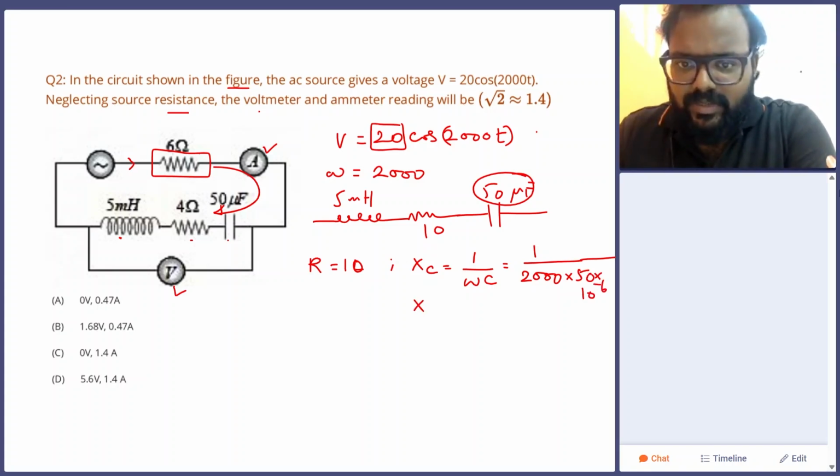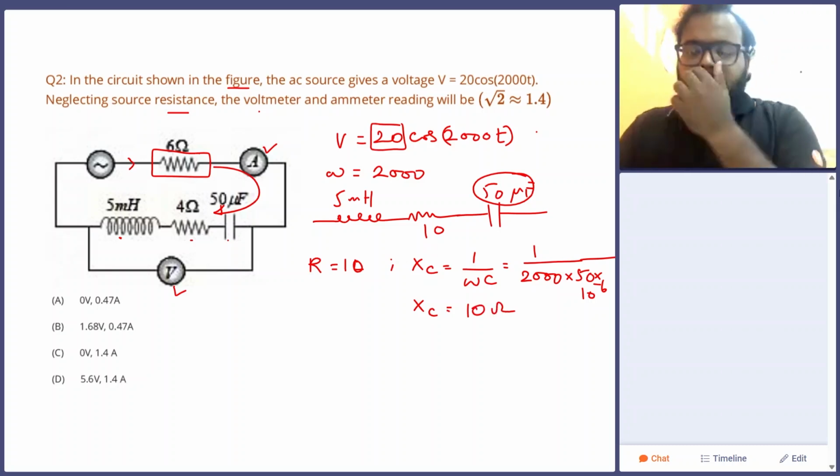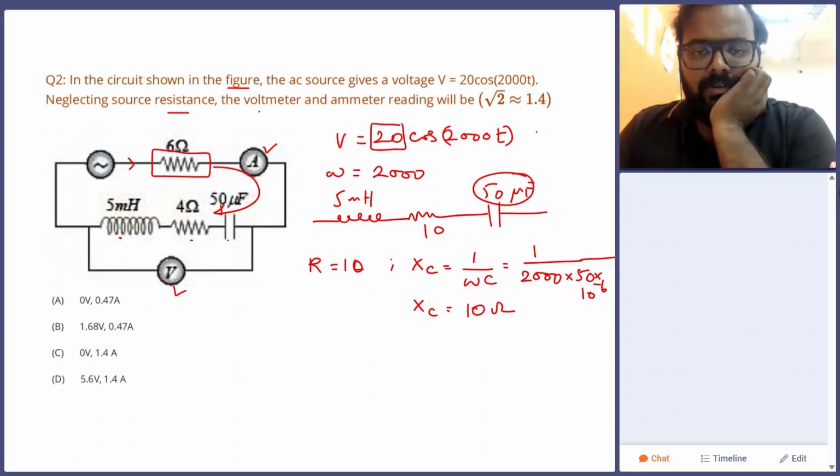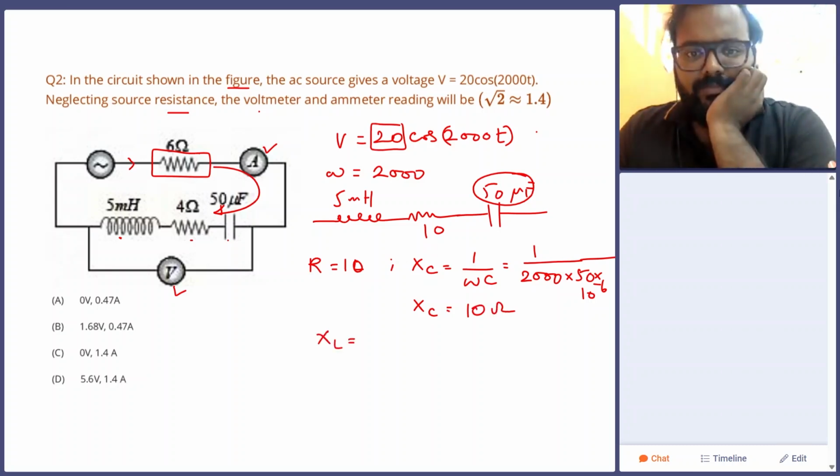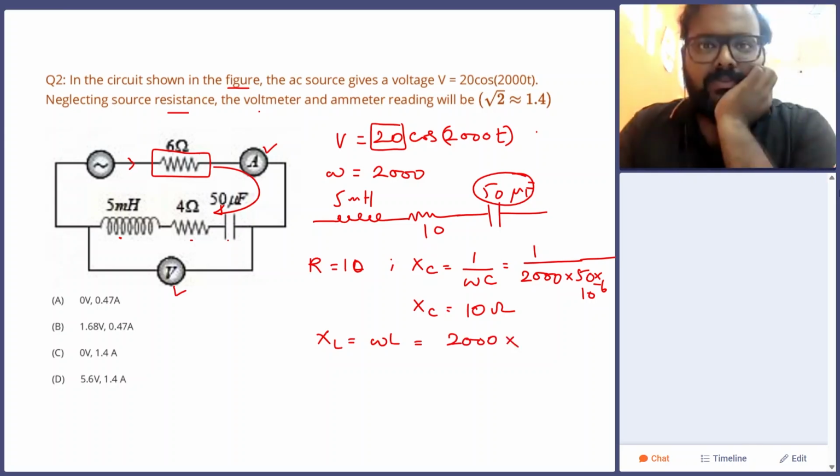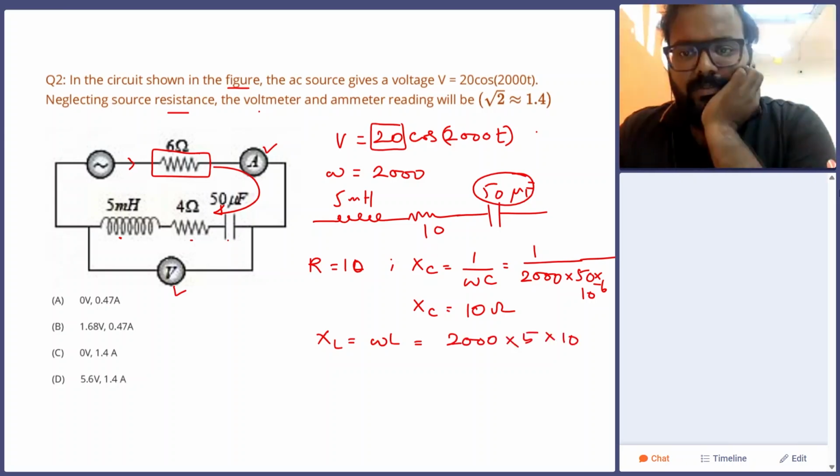XC will also be 10 ohms. Now what about XL? XL is omega into L, so 2000 into 5 into 10 to the power minus 3, and it will become 10 ohms.